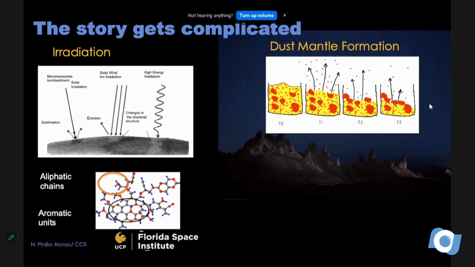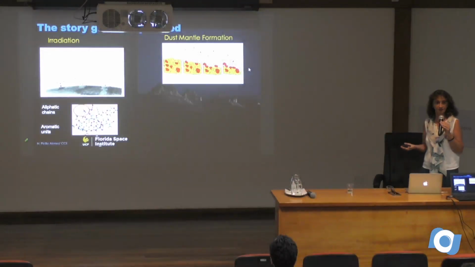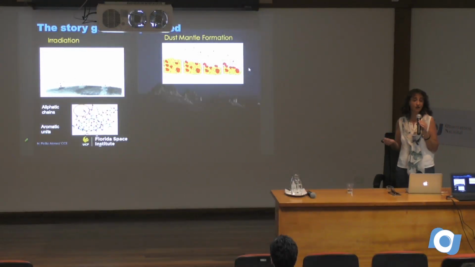So you end up, from a surface rich in ices, on a surface rich in dust mantles. That is what we observe when we observe a comet.